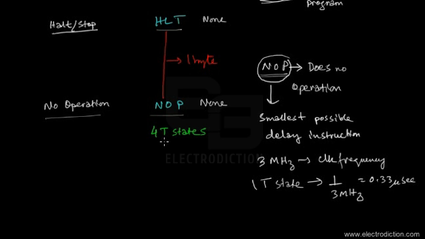So one T state actually corresponds to one clock period, that's the measure of one clock period, as you can see over here.